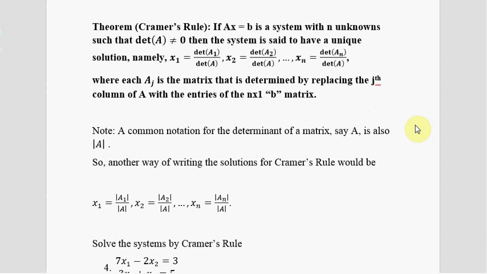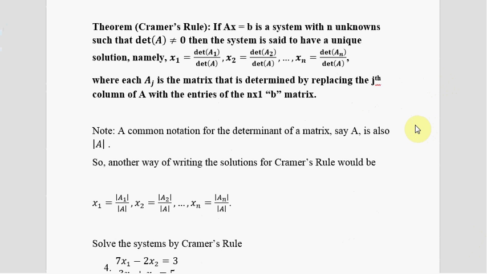So x sub 1 would be the determinant of the matrix A sub 1, where the subscript denotes the column that is replaced in the coefficient matrix with the B column. Each A sub j is the matrix determined by replacing that column with the entries of the B matrix. You do that for n terms because you have n unknowns.